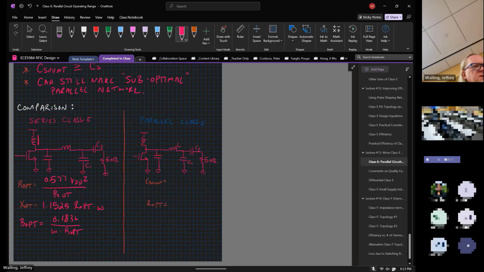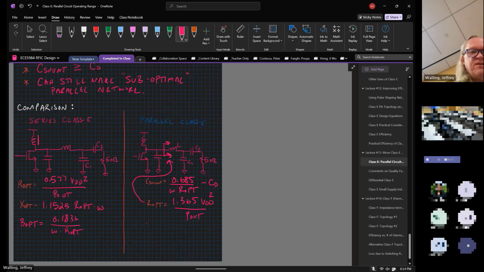And then in the parallel circuit, we just have our C shunt. Remember, the purpose of this matching network is just to present that R opt. We don't need to worry about the X opt in this particular case. That's already taken care of in the formulation.